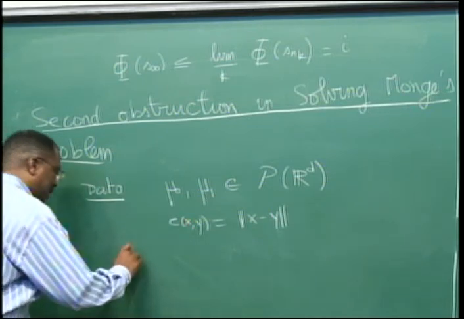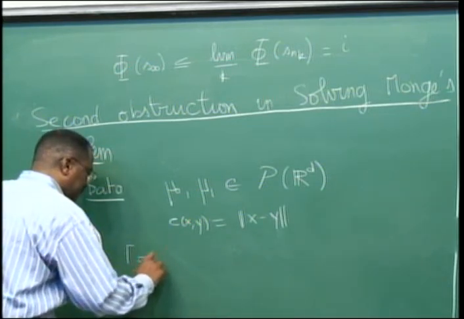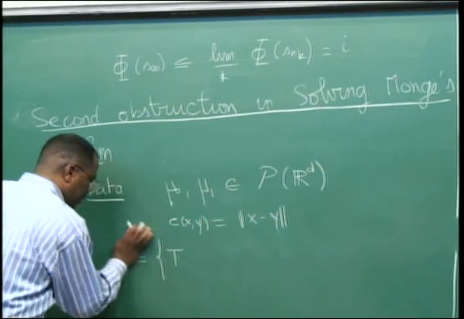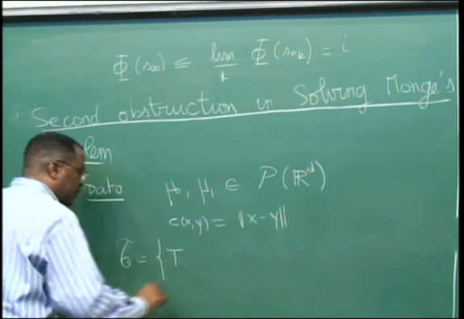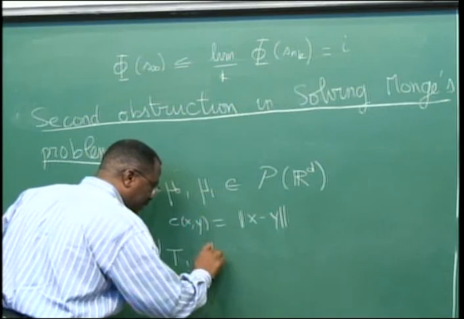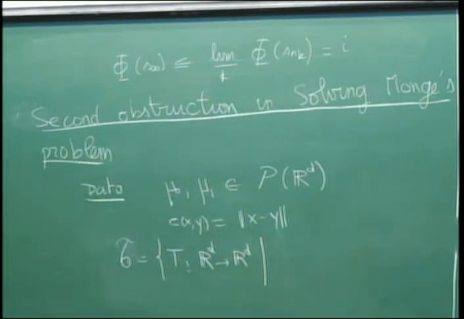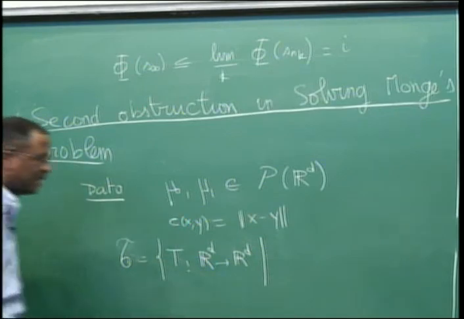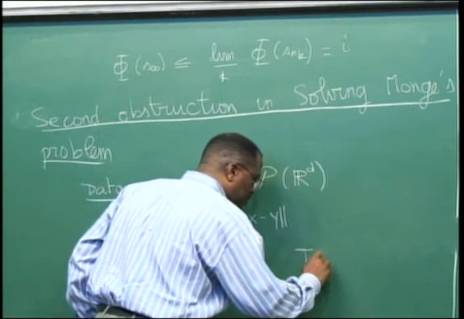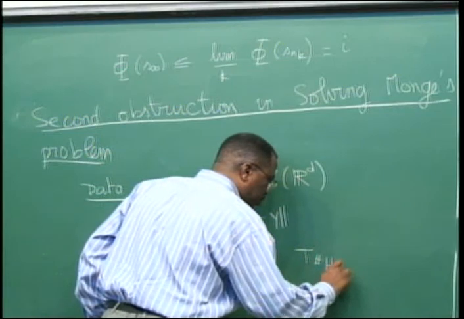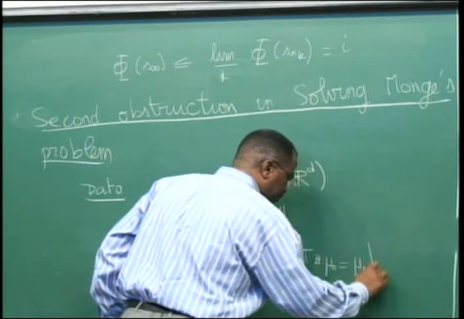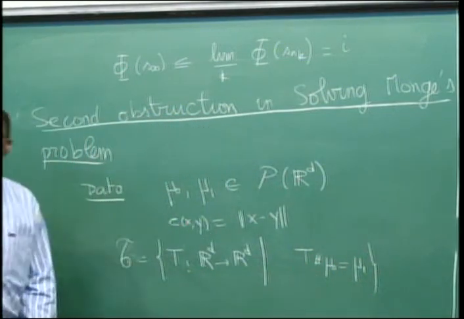So gamma is the set of T, call it tau. This is the set of T from R^d to R^d, such that the mass conservation property is satisfied. T pushes mu0 forward to mu1. So let me say what is the meaning of this.